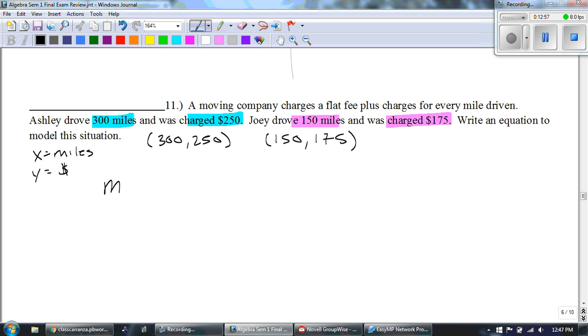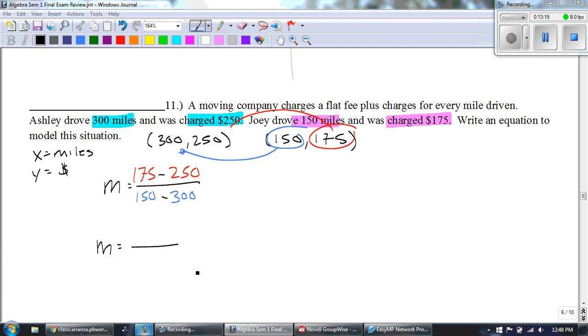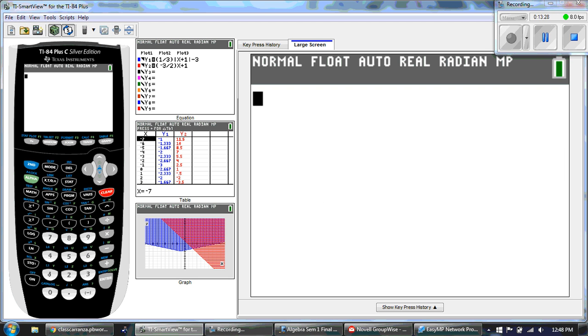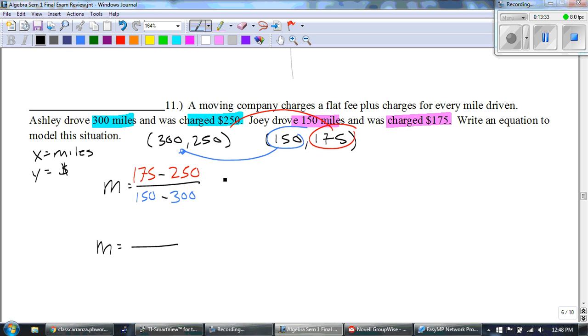So the first thing we need to write an equation is the slope. We've got 175 minus 250 over 150 minus 300. 175 minus 250 equals negative 75, so on the top is negative 75.